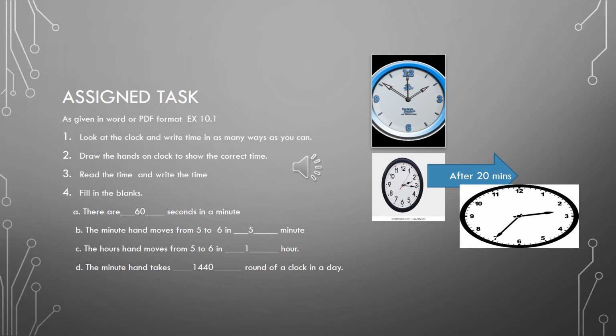What time is it? The hour hand is on 2. Am I right? Or is it between 1 and 2? Yes, it is between 1 and 2. It is going to be on 2. Okay, and where is the minute hand?